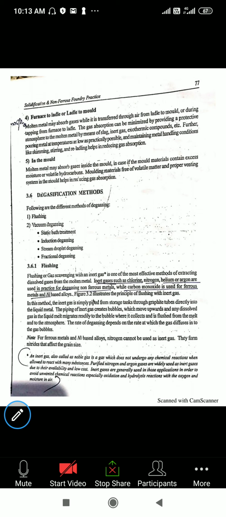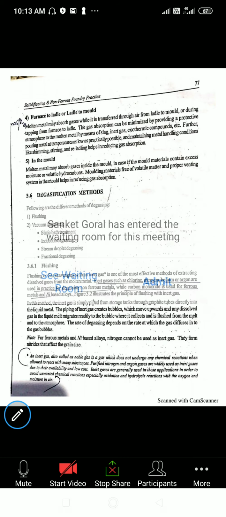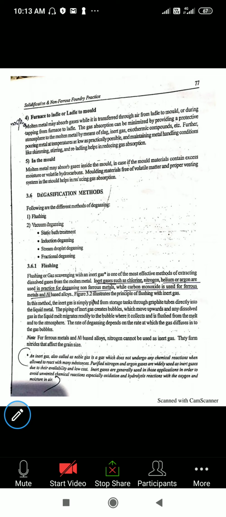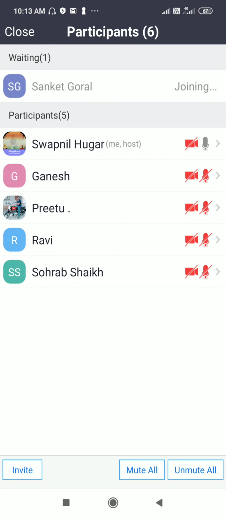The following methods are there. The first one is flushing. In flushing, they flush out the gas from the molten metal. In detail, we will study in the next class how the degasification method works.